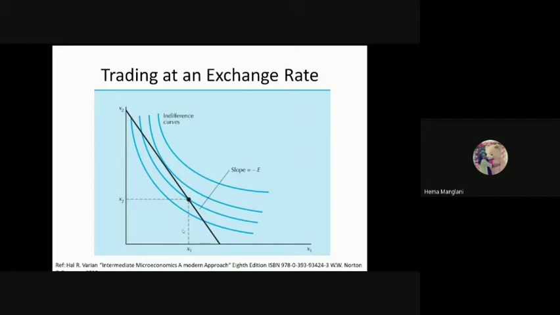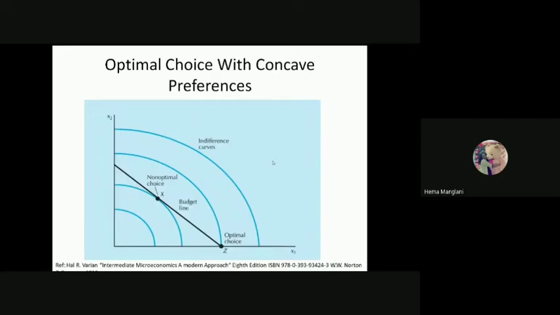So we are actually taking this trading at the particular point E, which is defining the slope E here. So the consumer can move along the line, and the slope of that is minus E in this case. Okay. Then further, we have the optimal choice with the concave cases.